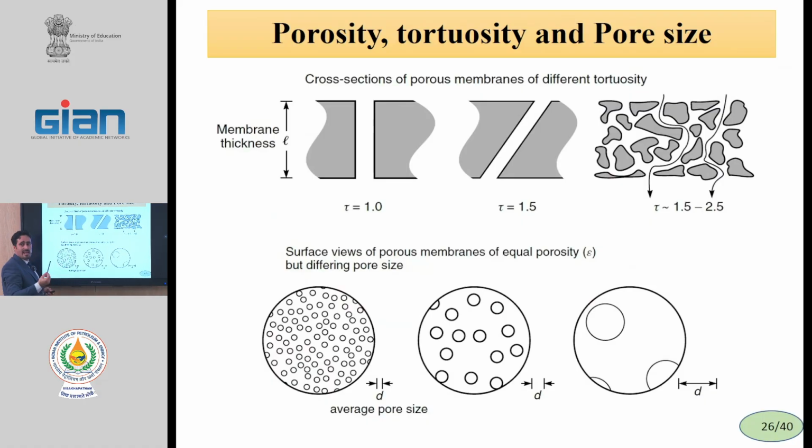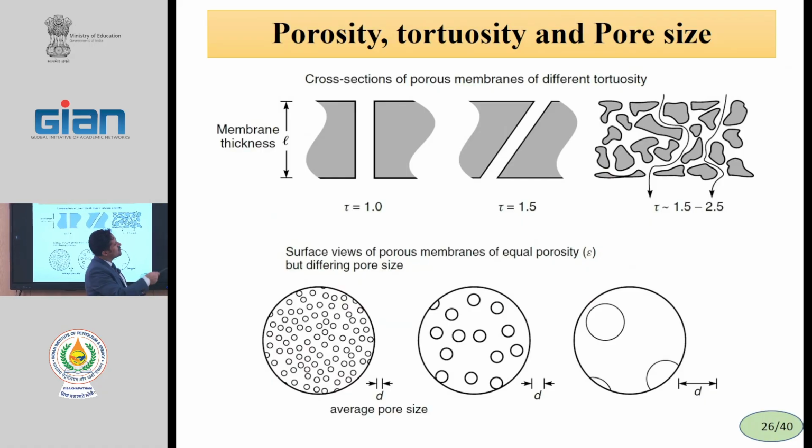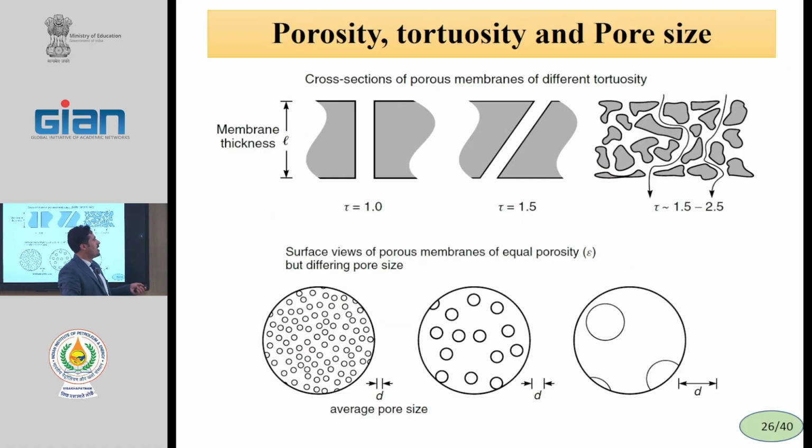If the membrane has cylindrical pores, the tortuosity will be 1. If we have a finger-like structure, the tortuosity is 1.5. And if we have a spongy structure, or ceramic membranes, we usually use this amount in the equation.